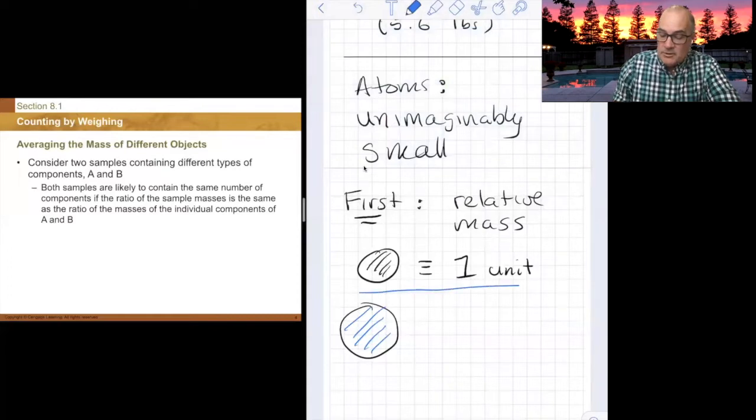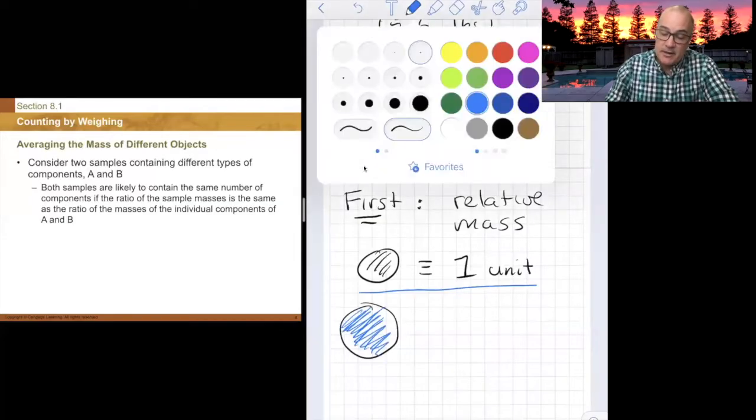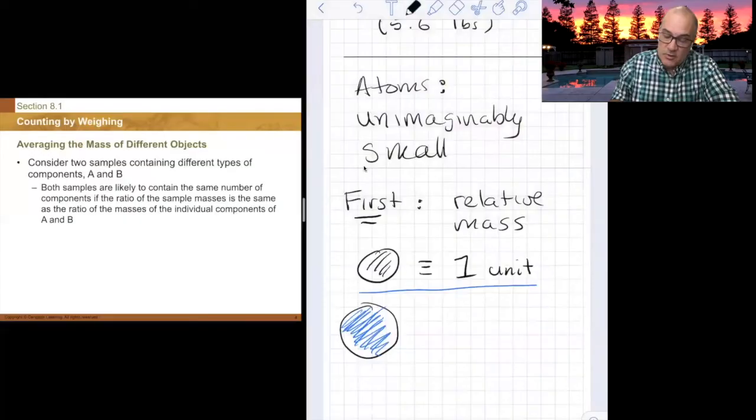okay, so what I'm going to do is I'm going to say that I want to use this one atom as my reference, and I'm going to define its mass as 1 unit. Now I have another atom, this blue atom, and I want to figure out the mass of this compared to my black atom. So all I really need to do in some way is put these on a scale, right, that makes them equal.